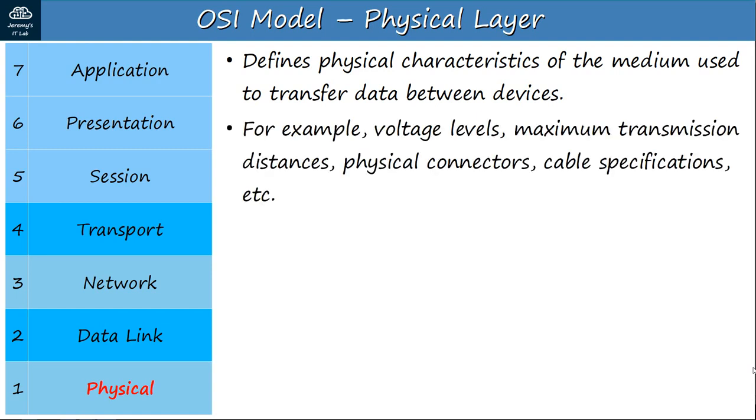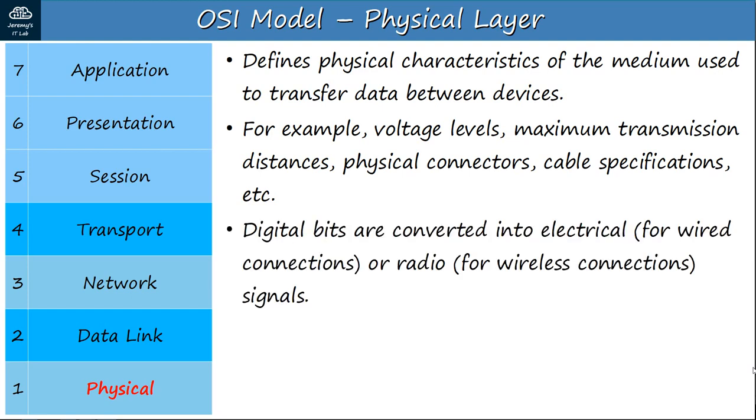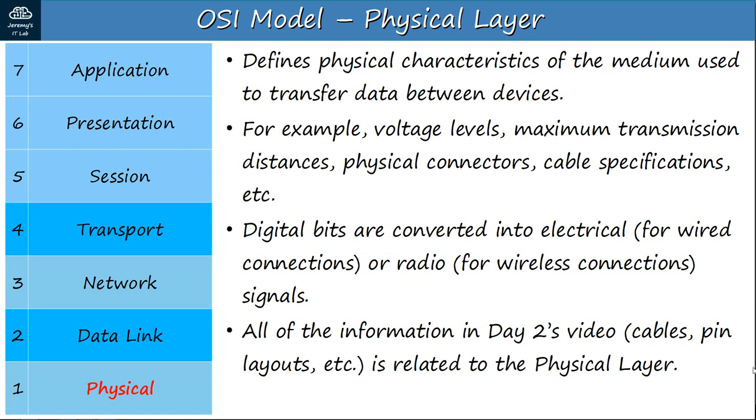For example, voltage levels, maximum transmission distances, like the maximum cable lengths mentioned in Day 2's video, physical connectors, cable specifications, etc. Digital bits are converted into electrical signals for wired connections, or radio signals for wireless connections, like Wi-Fi. As I mentioned before, all of the information in Day 2's video, such as cables and pin layouts, is related to the physical layer of the OSI model.